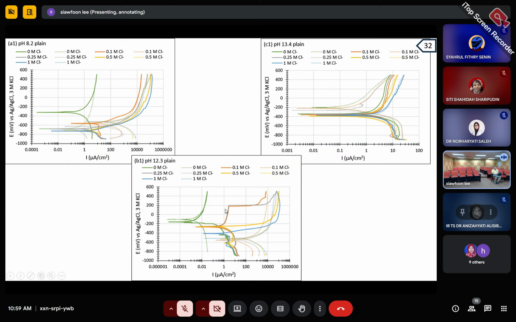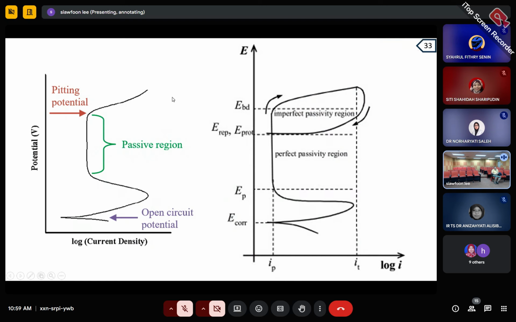This is called the passive region. Let me go to the next slide. It's called the passive region. Which means if you apply the potential within this region, passivation will happen. However, if you apply more than this region, suddenly you can see the current shoot out like that.